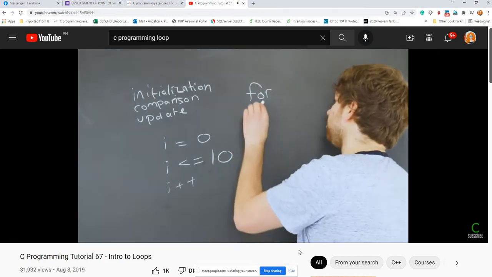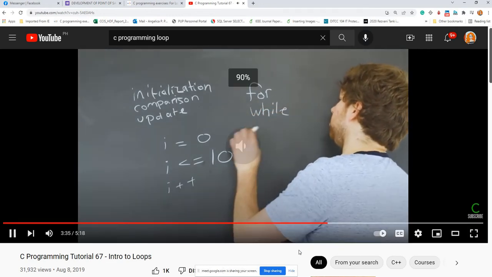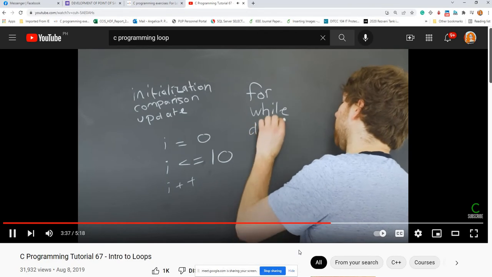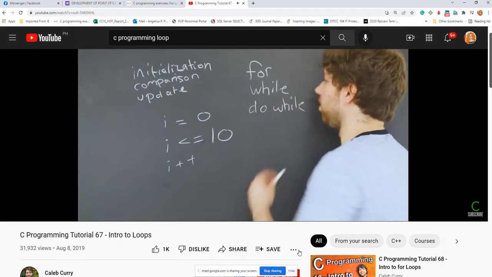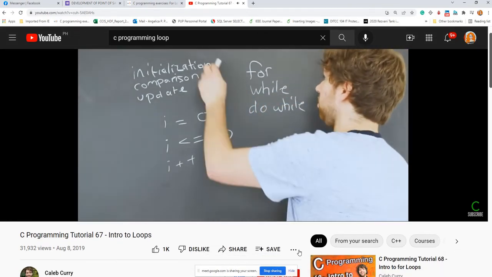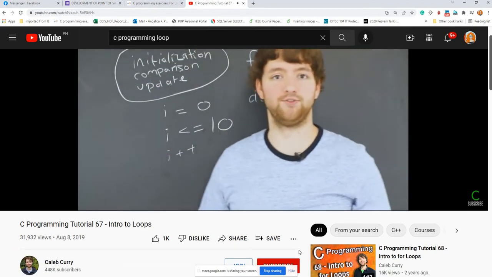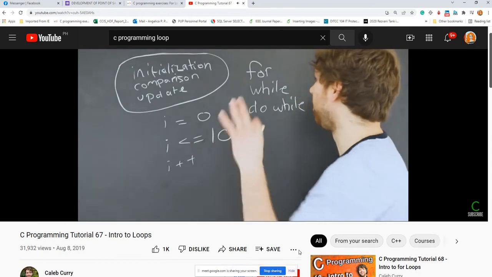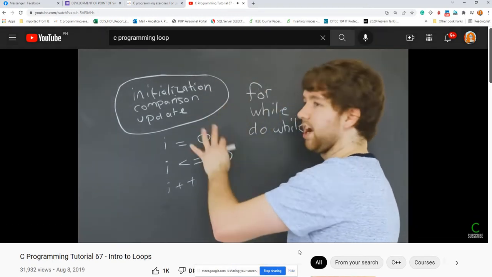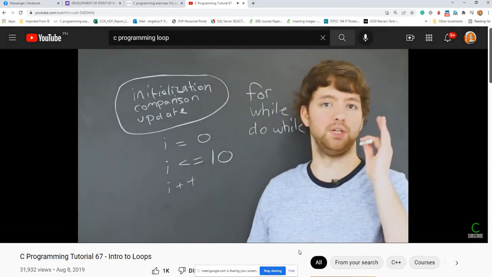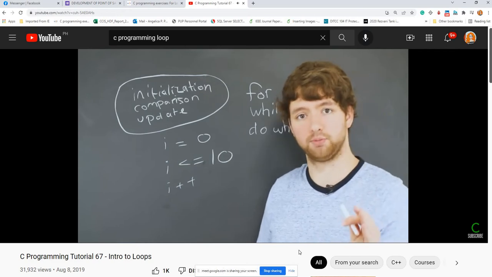There are also two other loops, the while loop and the do while loop, and what all of these have in common is they all need these three things to not create an infinite loop. So guys, go check out the upcoming videos because we're going to be breaking down loops and making them very simple.